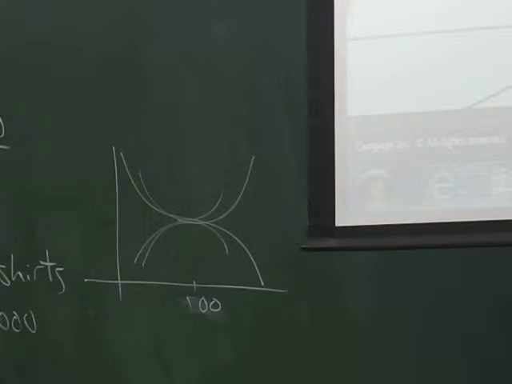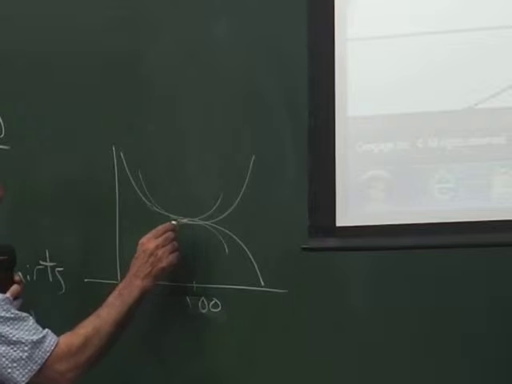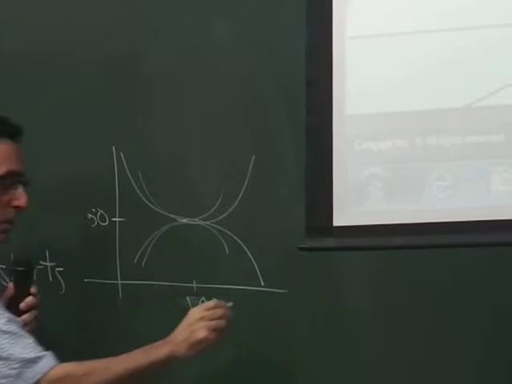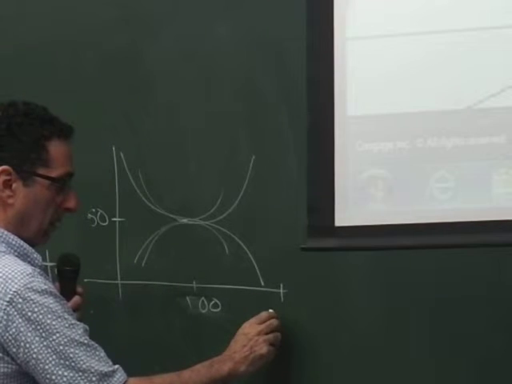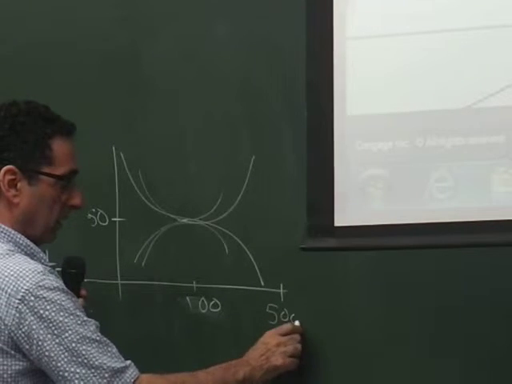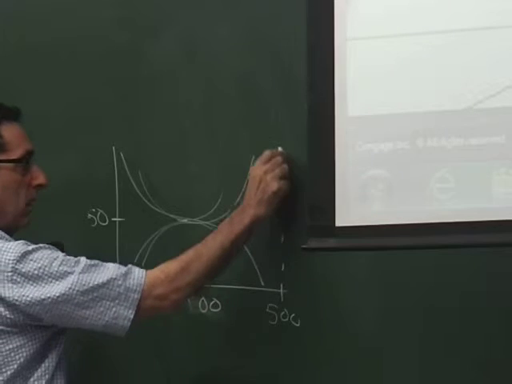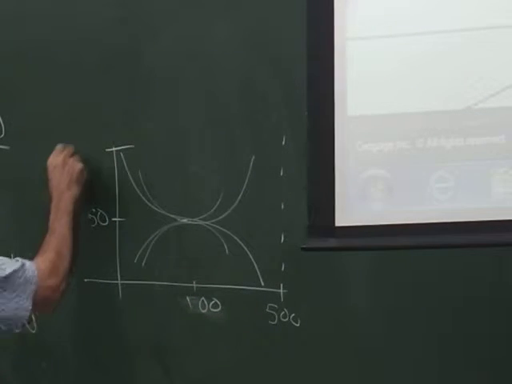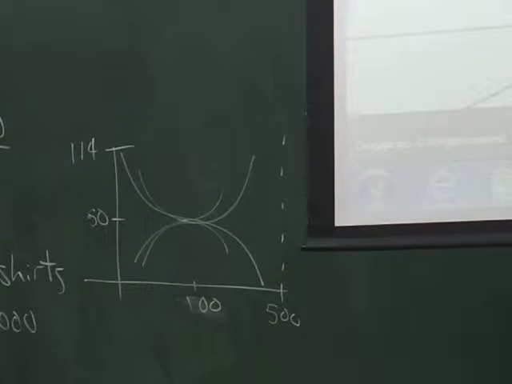Now, we found that the average cost was 50 here, and at 500, the average cost was how much? $114. So I think we only have a few possibilities.